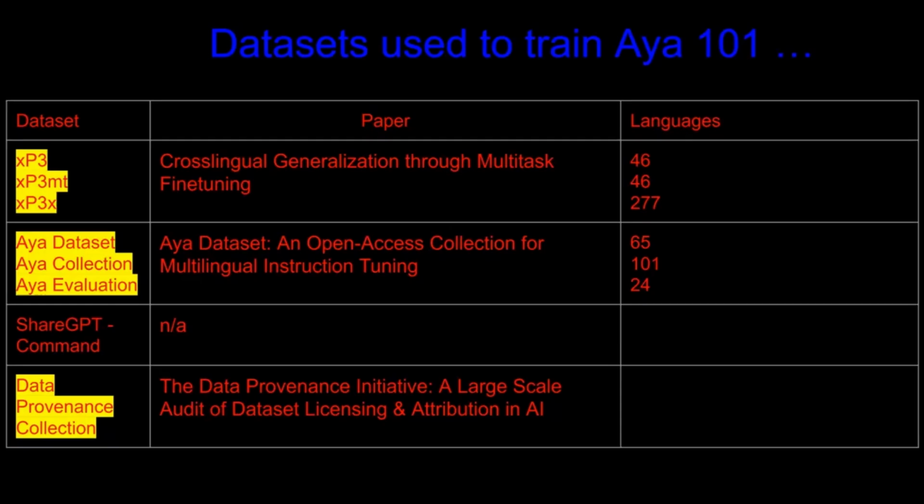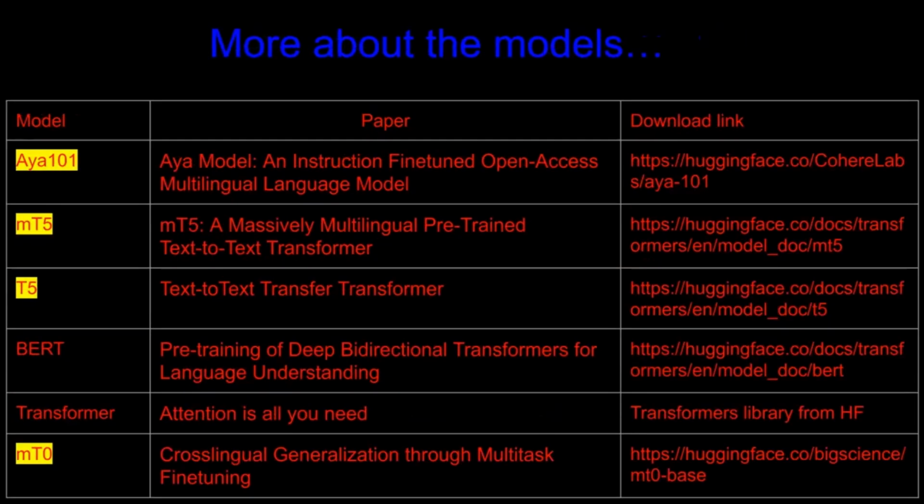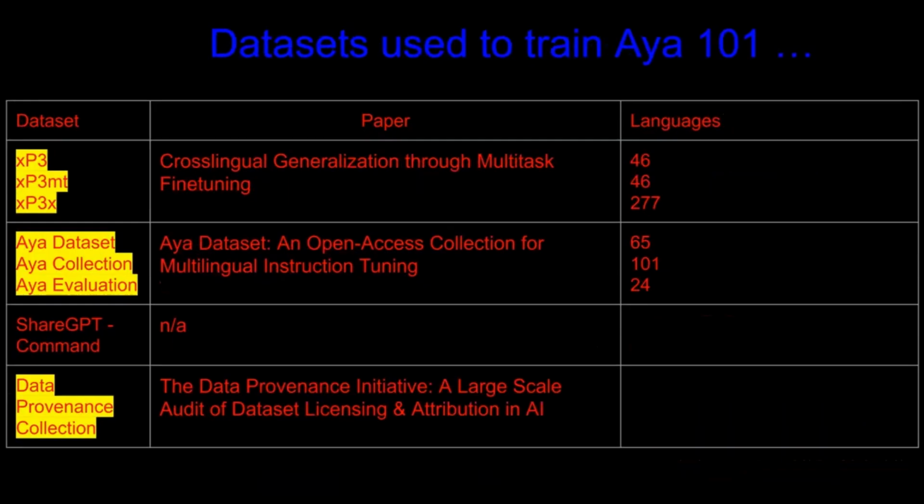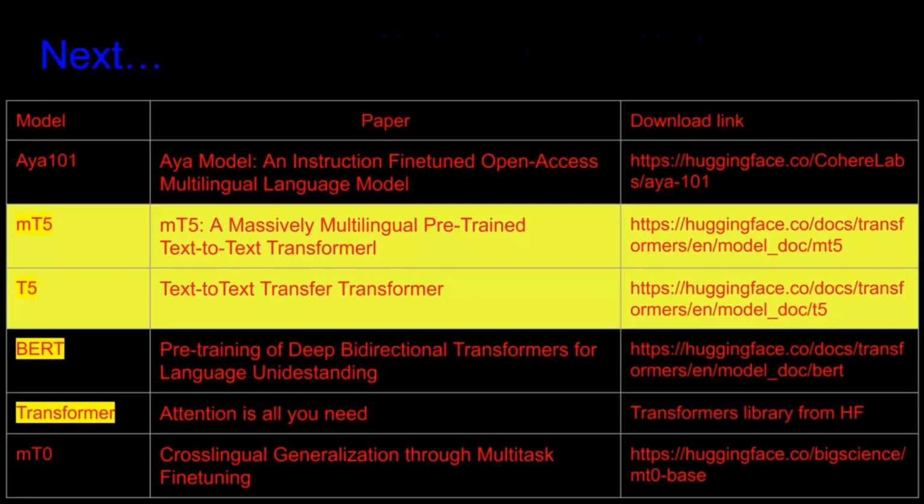So anything that you see here highlighted in yellow is what I will be covering in these upcoming videos. In the next video, we will study MT5 and the T5 model. As we discuss these two, we will also touch upon some basics and fundamentals from the transformer model and the BERT model.